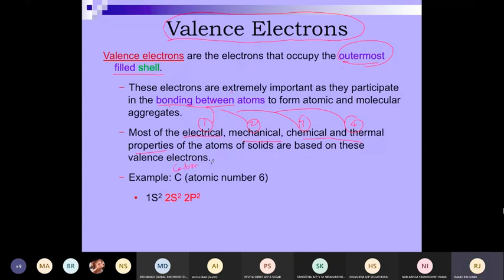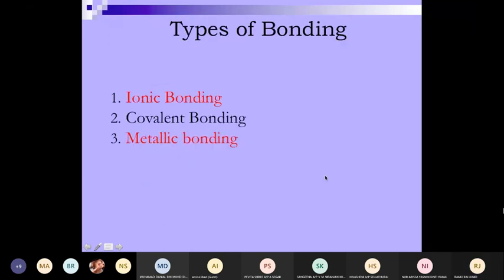Okay, example is carbon. Carbon has atomic number 6. So the rule is 2, 4. So you have 4 valence electrons, which can be detailed into 2s2 and 2p2. Types of bonding, you have 3 types: ionic, covalent, metallic.